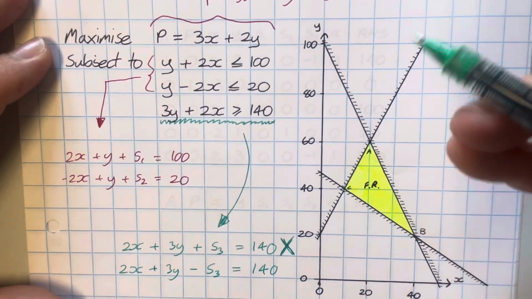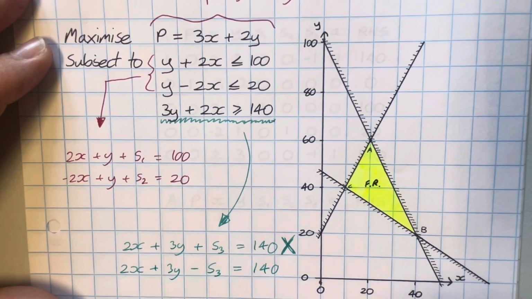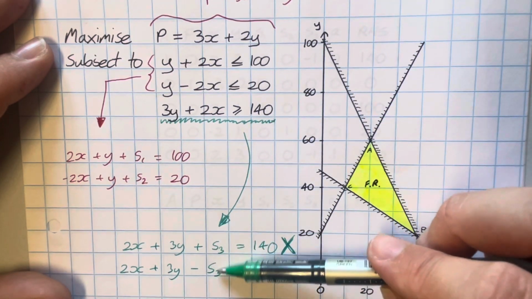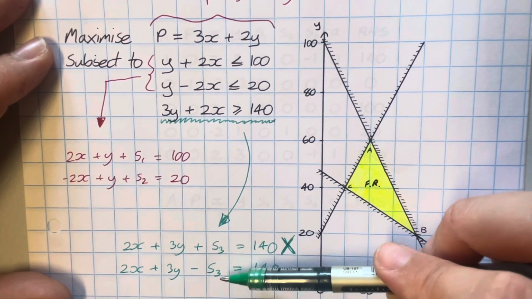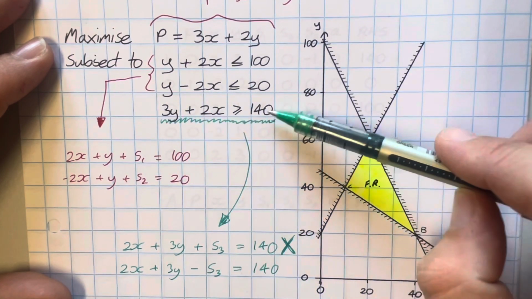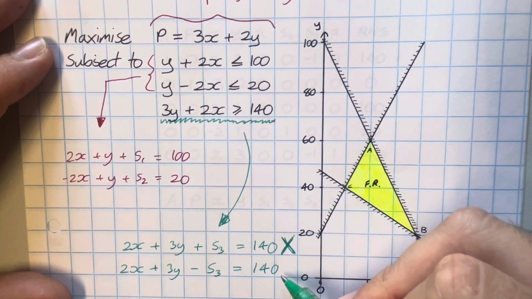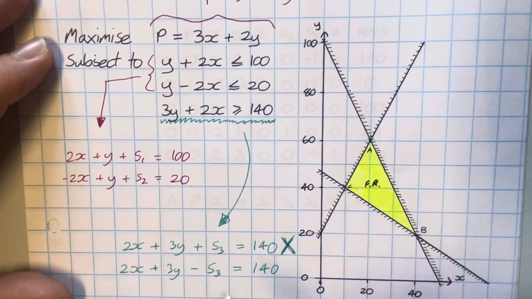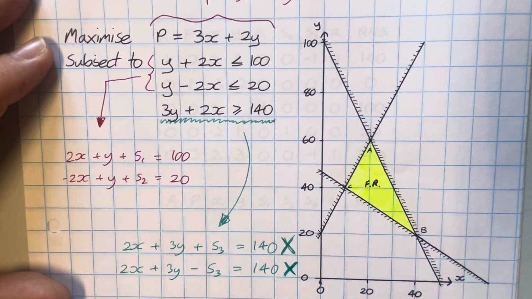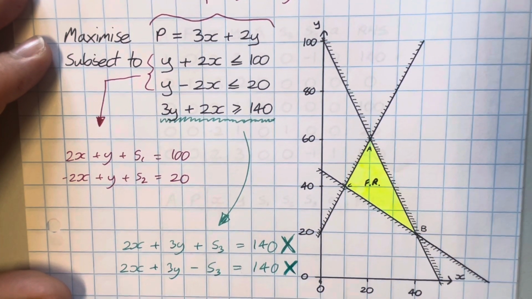This is looking better because now if 2x plus 3y is bigger than 140, say it's 200, then we can set our surplus variable to be 60, and that will take up any surplus in the constraint. The problem with this one is that when you're at the origin, x is 0, y is 0, it requires S3 to be negative 140. But for simplex, we cannot have negative values for our variables. It just doesn't work. So we can't have that either.